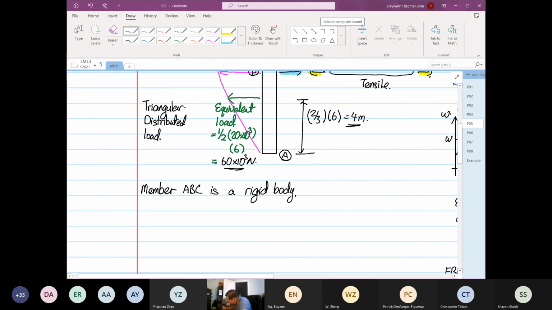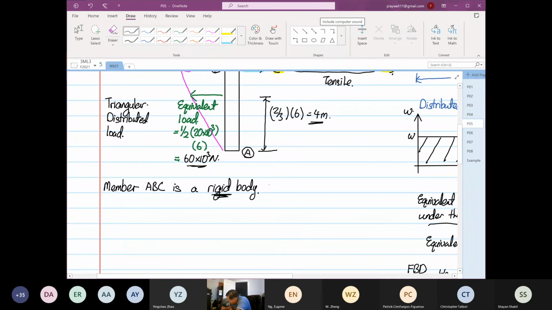Now, what do I mean by rigid body? I'll explain to you. A rigid body means that during deformation, the structure will be linear. So what do we mean by that?